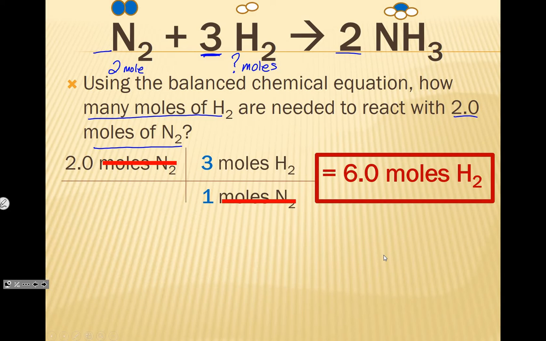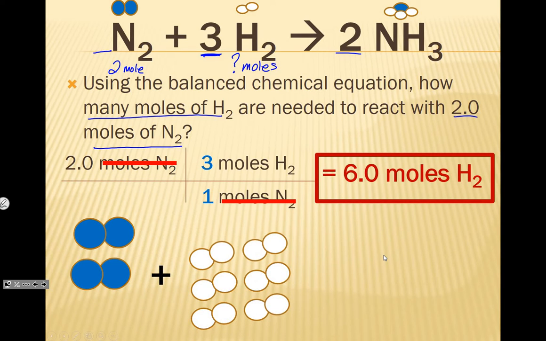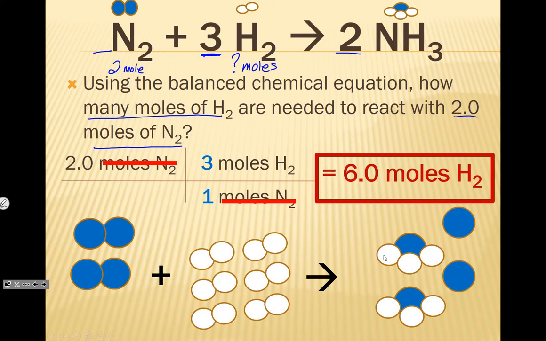So let's look at what happens down here. I'm just going to do it visually right here. If I have 2 moles of nitrogen, which is what this is here, then I would need 2 times 3, which is 6, hydrogens to go with that. They didn't ask that. To make 2 ammonias. I don't know why I've got 4 ammonias coming up.